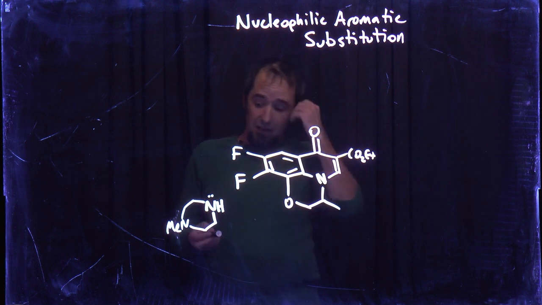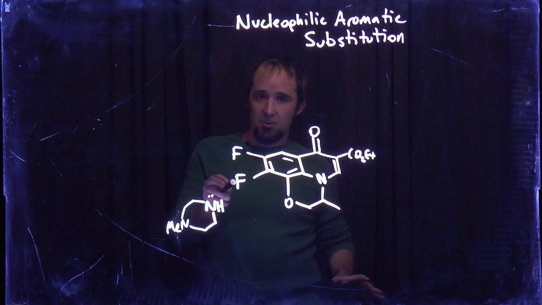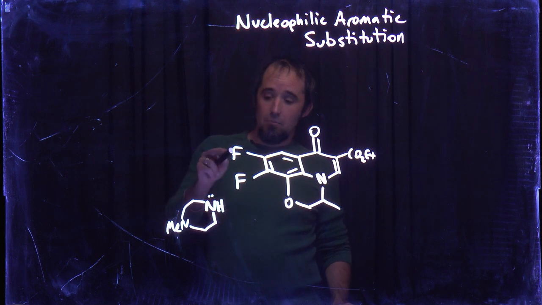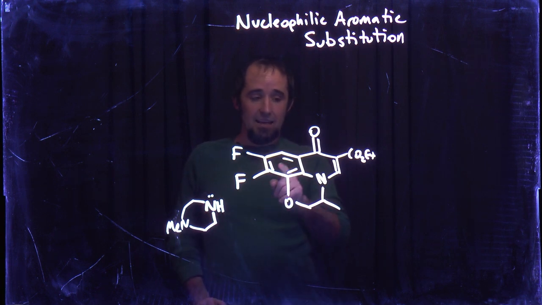I've got this nucleophile. So these are going to be potential leaving groups. I know that fluorine isn't a good leaving group usually, but it is in this case, and I'll say why in a few minutes. How can I choose which of these is going to be my better leaving group? Well, it's going to depend on which one I can attack and delocalize the charge into this carbonyl over here.